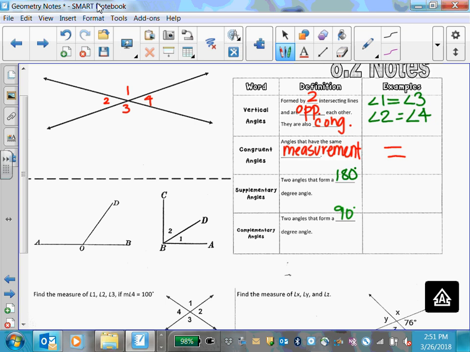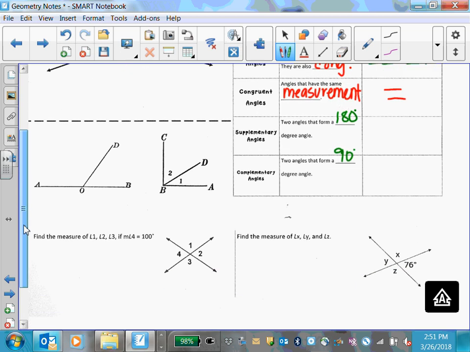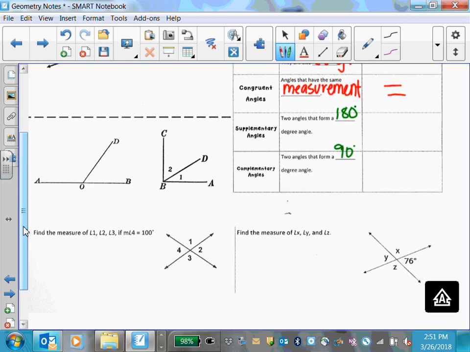So supplementary is 180, complementary is 90. Looking at these two angles, are they supplementary or complementary? Supplementary, because they make a straight line. They make 180 degrees.